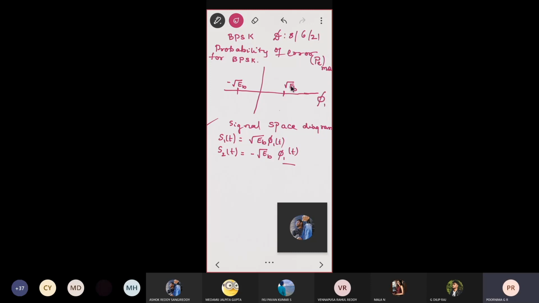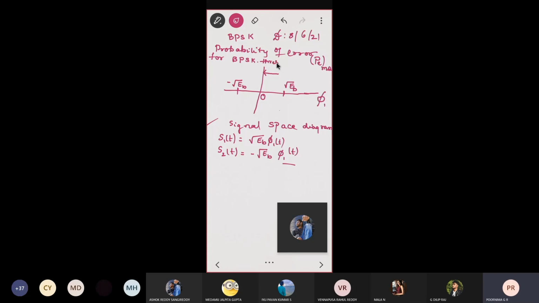When root EB is the amplitude, for the threshold we have decided at the decision device, the threshold voltage we decided as 0, because that will be the average of the two signal amplitudes. When the average is taken, it is going to be 0 as the threshold level.